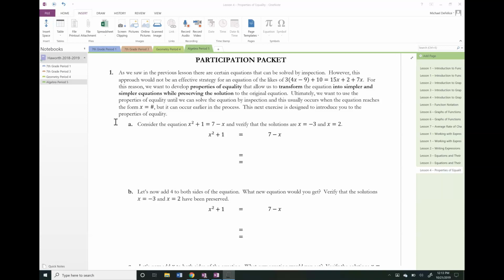And I'm telling you that the solutions to this equation are -3 and 2. So the first question just wants you to verify that those are actually the solutions. So let's check -3. Wherever I see an x, I'm going to replace it with -3.